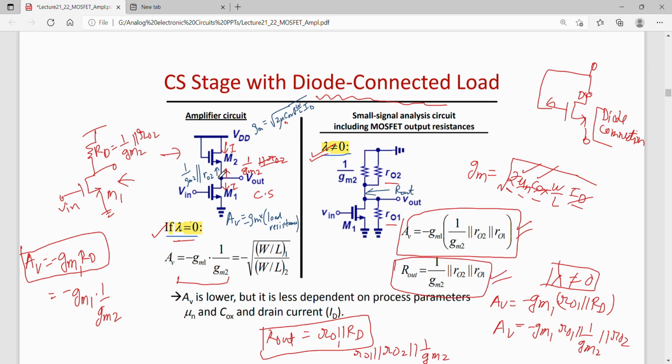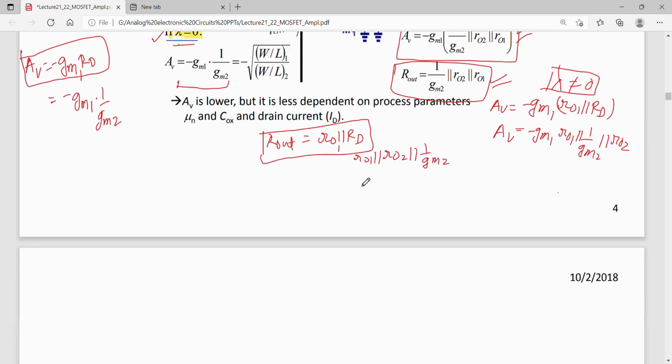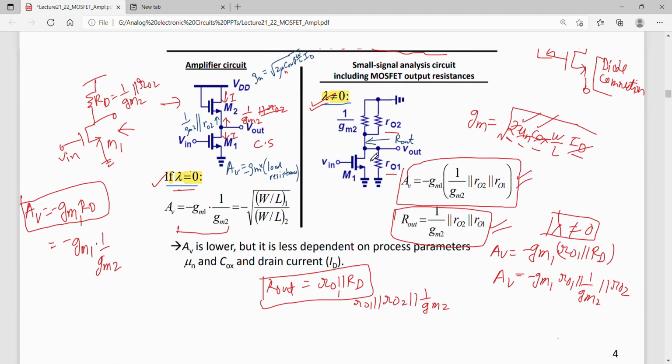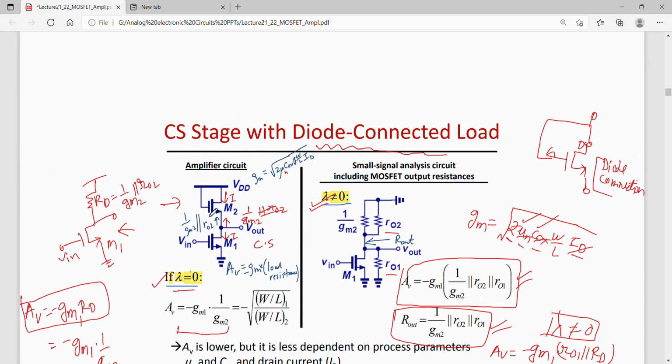So this way one can find out the gain of any other complex circuit by knowing whether the transistors are used as a load. For example, here a diode connected load, okay, and in the previous case we had current sinks and current sources using NMOS and PMOS. Now similar to this circuit where the NMOS was used as a diode connected load, one can think of using PMOS as a diode connected load.